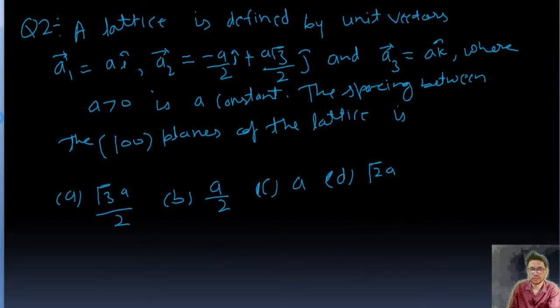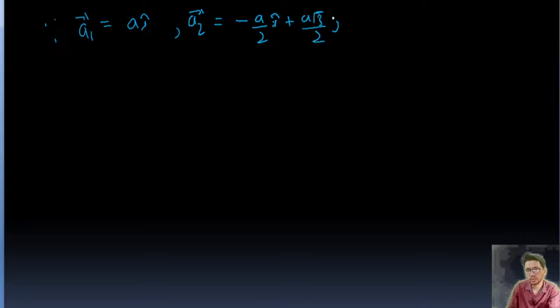Since we have been given, this is a very important point, guys: a1 equal to a i cap, a2 equal to minus a by 2 i cap plus a root 3 by 2 j cap, and a3 equal to a k cap. So that is given.